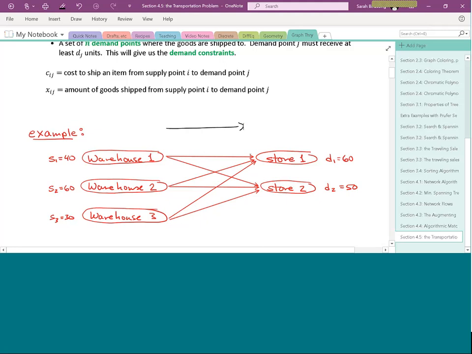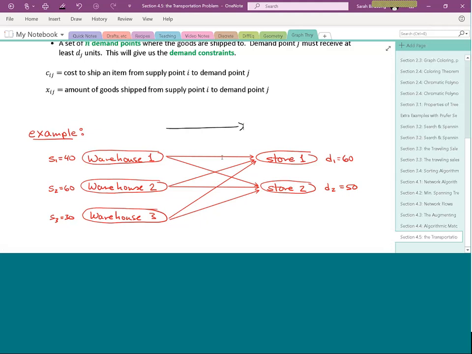Where this one is, it's more of a minimization problem where you could ship all 40 units across this edge if you wanted to, but is that the best thing based on cost? So it's a different way of limiting what you ship across your edges. But you're right, at this point in time, it looks almost identically the same.